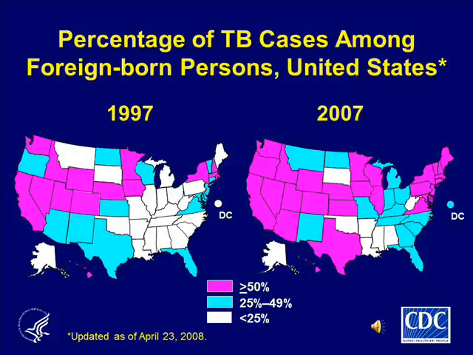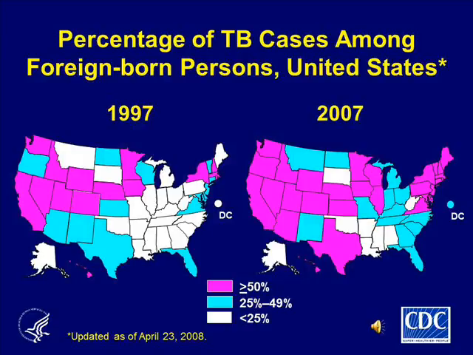If you look in the dark purple, which means that more than 50% of the tuberculosis cases are among foreign-born persons, you'll see that in 1997, in the area which is the Northeast, that would be the RTMCC, the area that we're covering here.